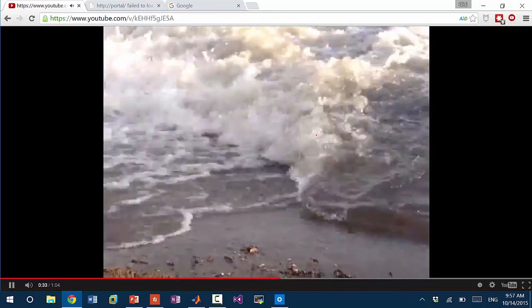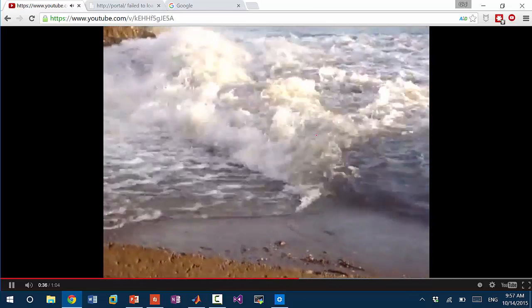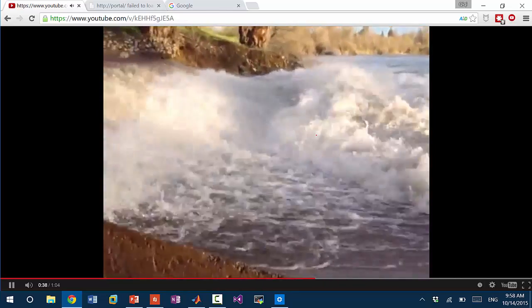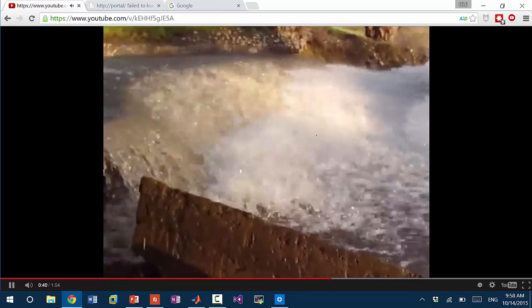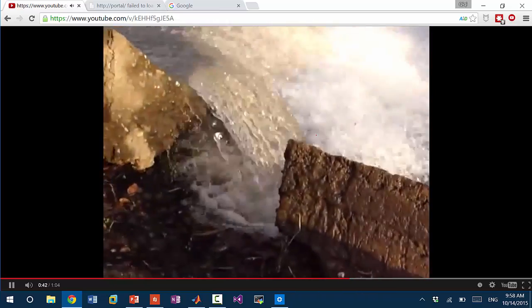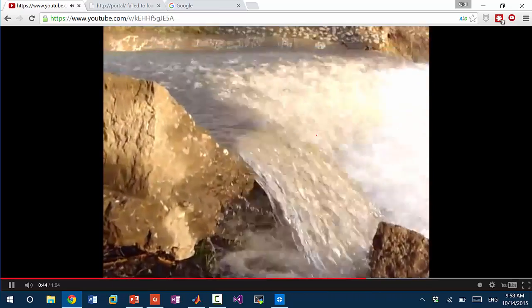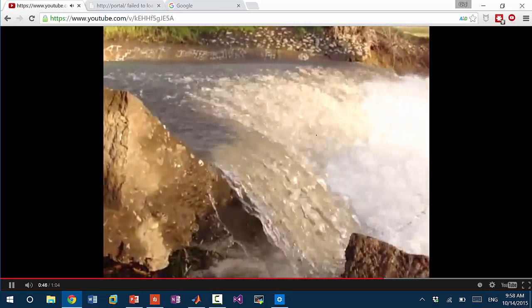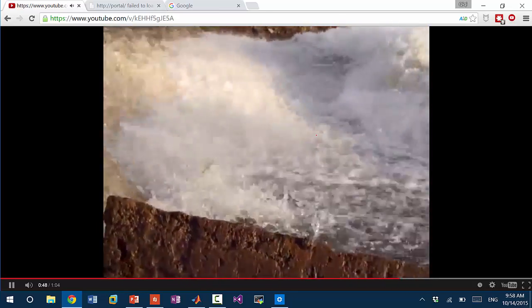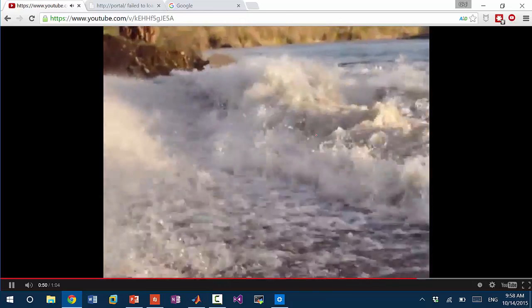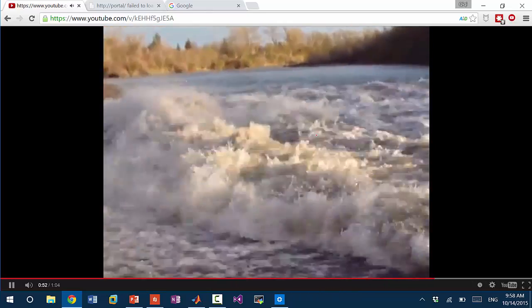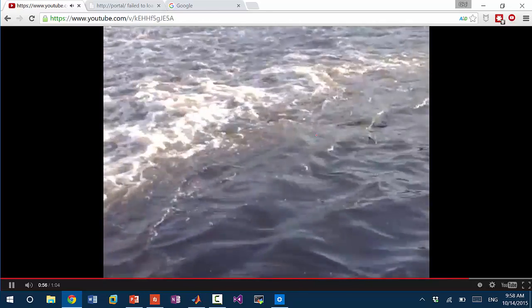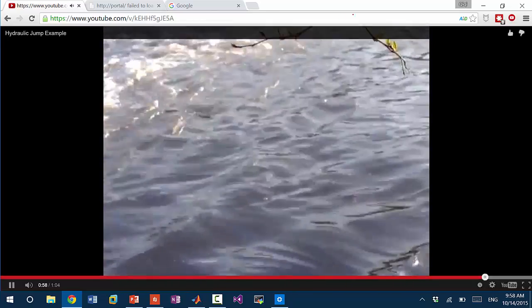There is a shockwave or hydraulic jump in the world of hydrology happening over here, and that phenomenon can be solved using a system of conservation laws known as the shallow water equation. It's a system of three variables solving for the x, y velocity of the flow, and also the height, or how thick the water is.